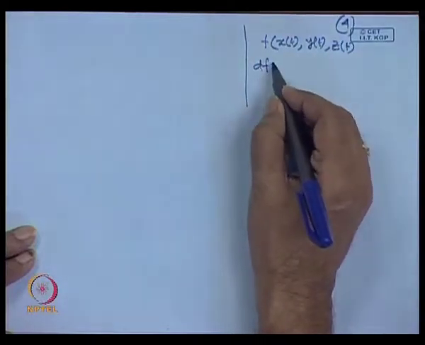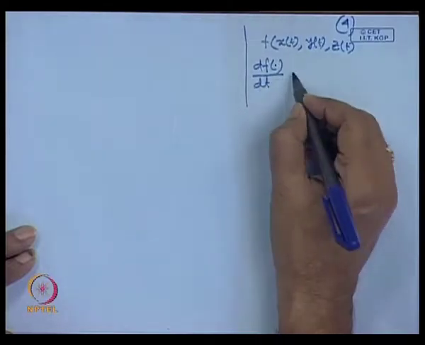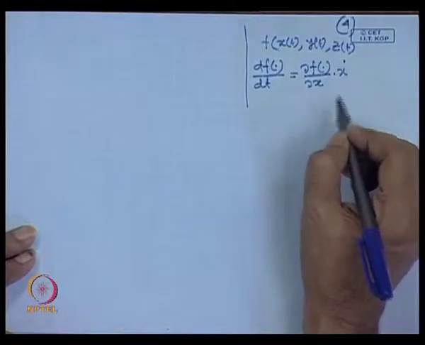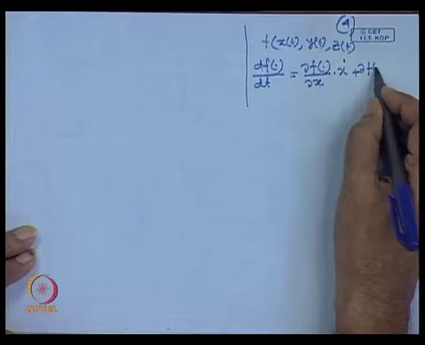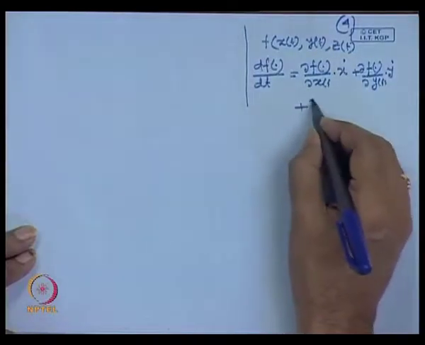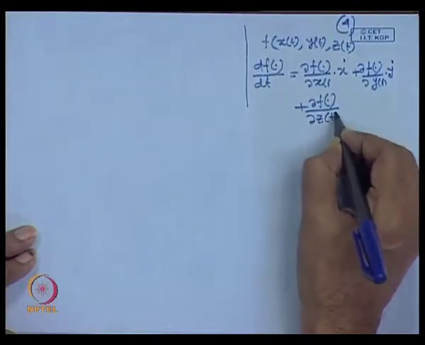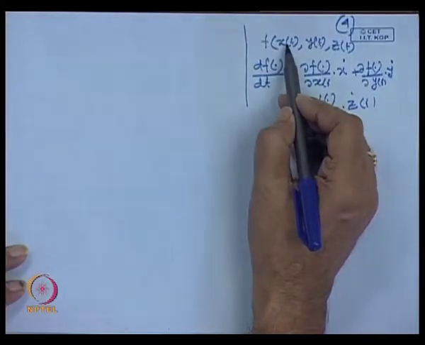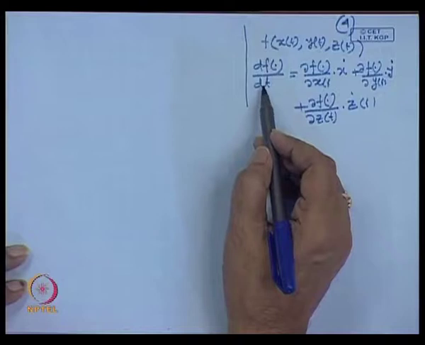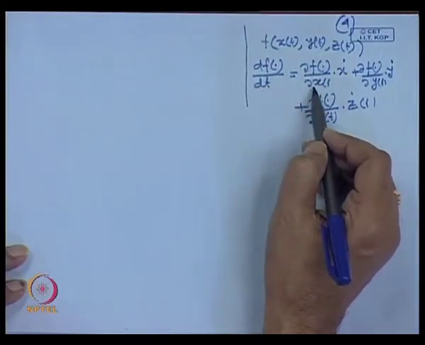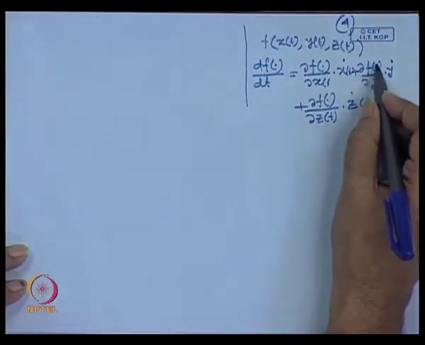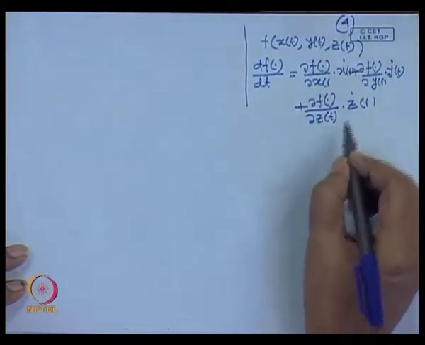If you want to find the differentiation of f with respect to t, it is the partial differentiation of f with respect to x multiplied by x dot of t, then del f by del y times y dot, plus del f by del z times z dot.